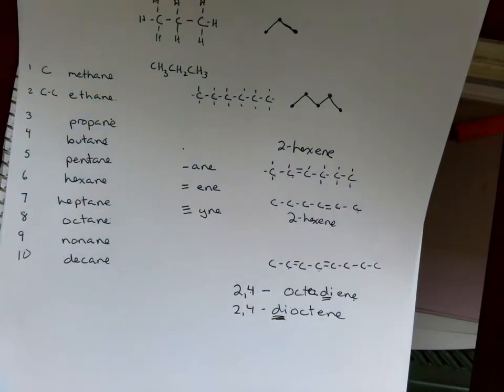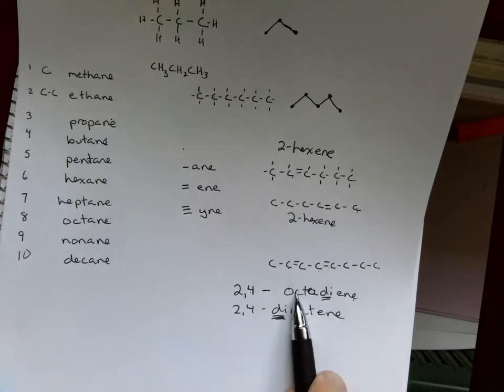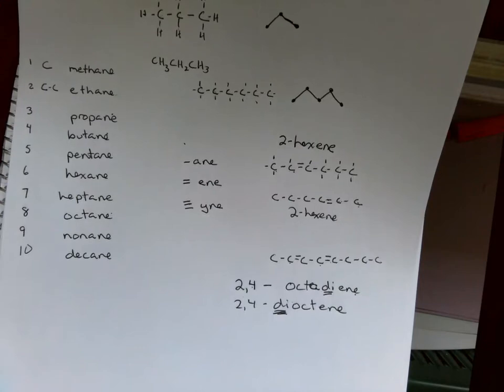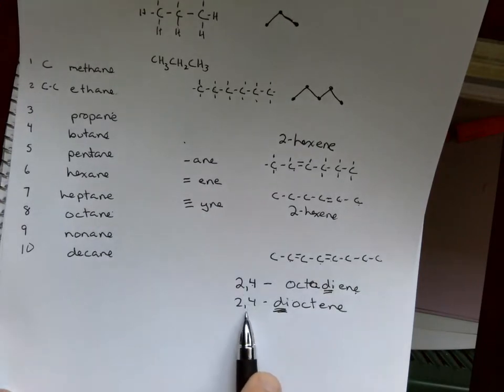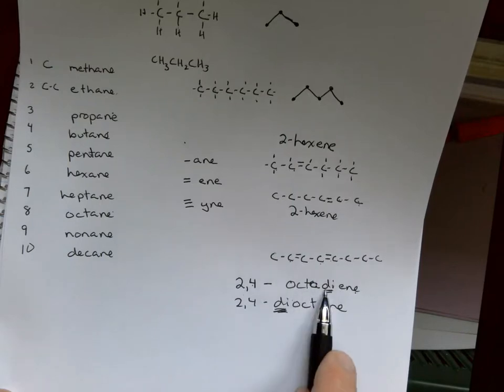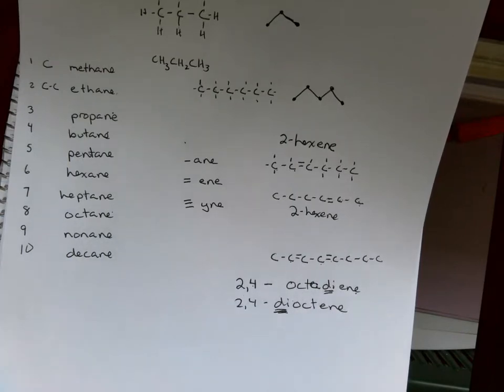Don't get too caught up on the mechanics of, oh, that sounds awkward. If you don't quite write it properly, so if you just wrote octadiene, I would still give you the marks, as long as you have the proper numbers with the commas, with the dashes, and with the prefix, the di.